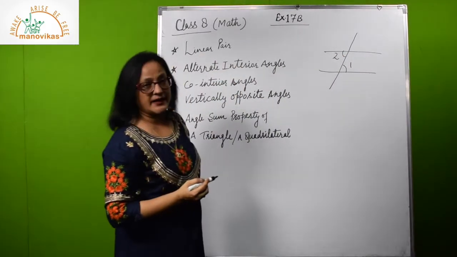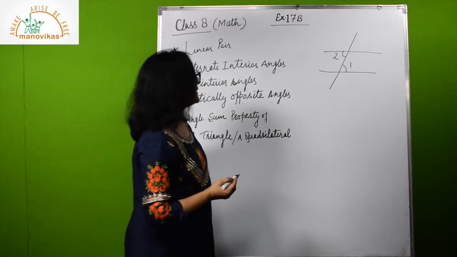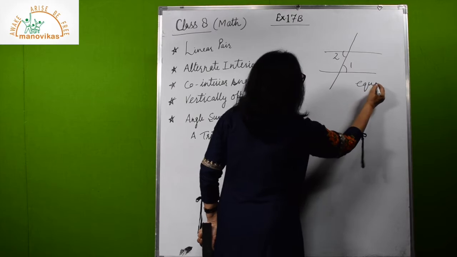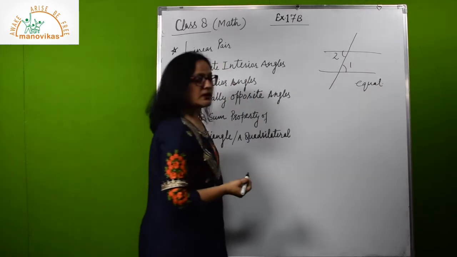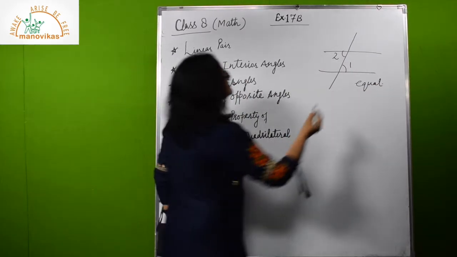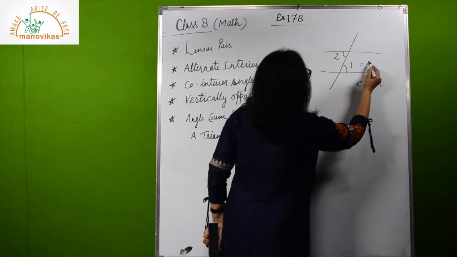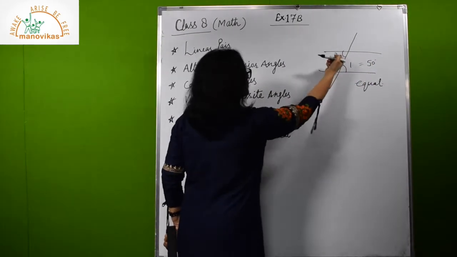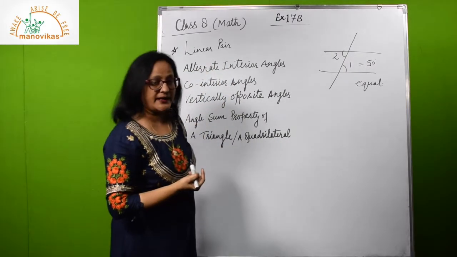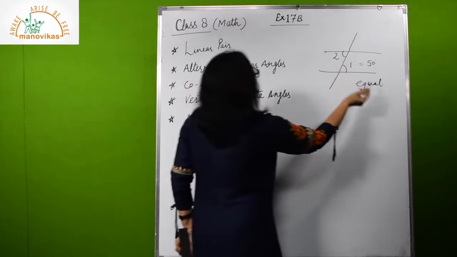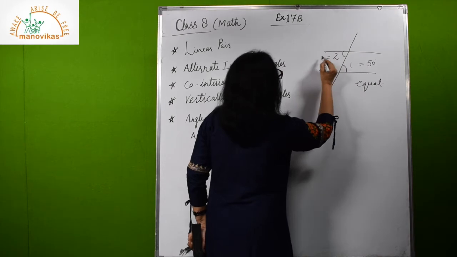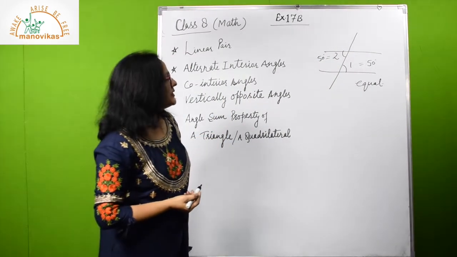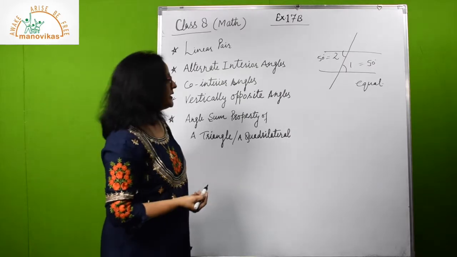So angle 1 and angle 2 are alternate interior angles. The property is they are equal. So if in a parallelogram you are given angle 1 is equal to suppose 50 degree, find angle 2, and you can see angle 2 and angle 1 are alternate interior angles. So by the property of alternate interior angle, this angle 2 will be equal to 50 degree. Then in the bracket you will mention, being the alternate interior angles, they are equal.